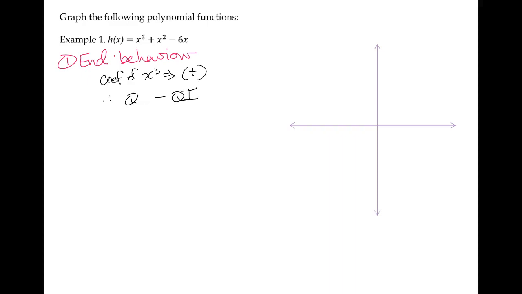So I already know this is kind of what I'm expecting. Then I can look at my y-intercept based on the format that it's in. Well, I would need to look at my constant to be able to do that. There is no constant, which means that my y-intercept is 0.